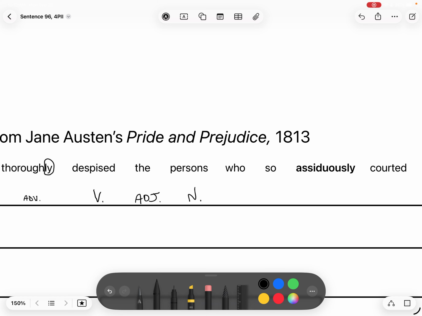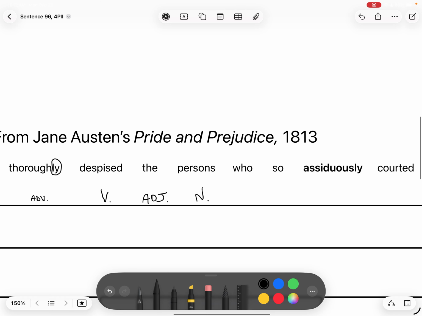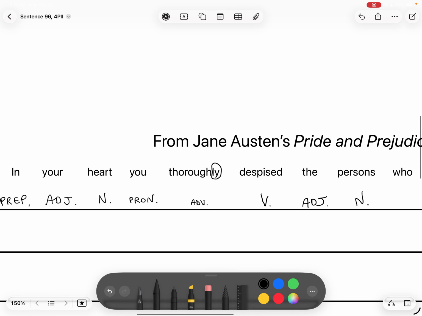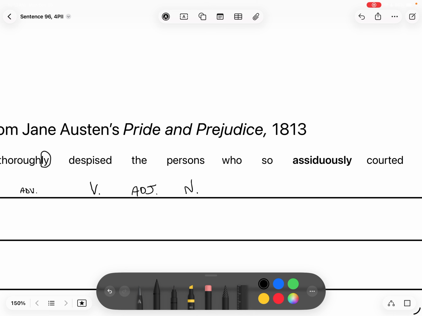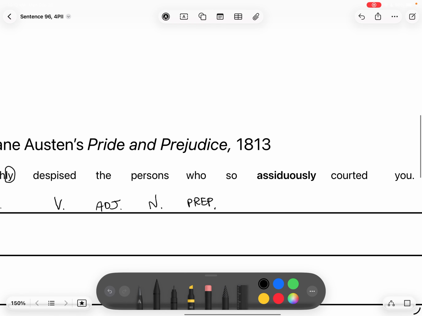Who here is a little bit different and a bit trickier than the in we had at the beginning of the sentence. Who is also a preposition as it happens because it's describing a person or a location. Which person is it? It's the persons who, so it's still going to be a preposition as we had at the beginning. Then so, or pronoun I should say.